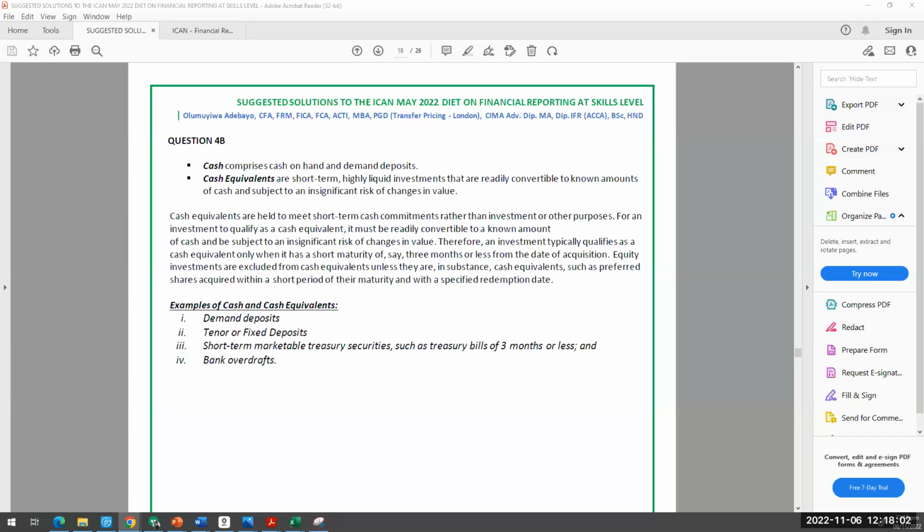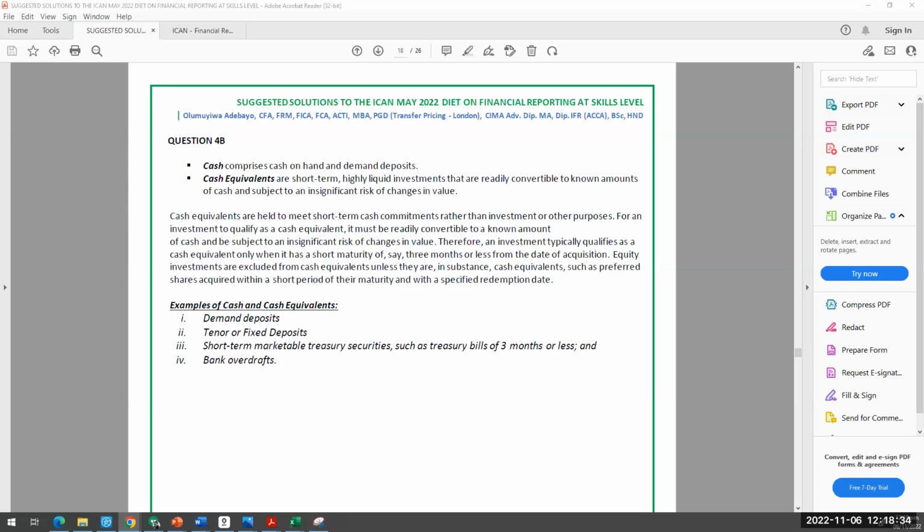Therefore, an investment typically qualifies as a cash equivalent only when it has a short maturity of, say, 3 months or less from the date of acquisition. Equity investments are excluded from cash equivalents unless they are in substance cash equivalents, such as preferred shares acquired within a short period of their maturity and with a specified redemption date.